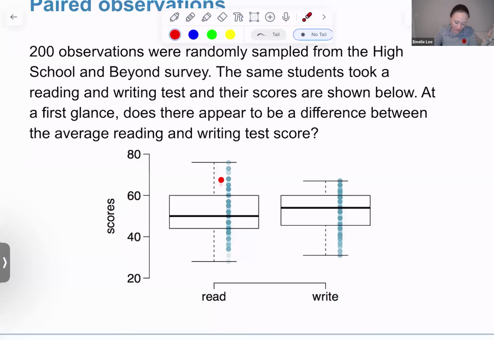If I compare this distribution to this distribution, the writing scores seem to have less variability, right? So I'm expecting it to have a smaller standard deviation. But in general, they seem very similar, right? I can see that the median score for the writing is slightly higher than the reading score, right? But I also get slightly higher scores in the reading than I do for any of the writing scores, right? So that's what we're going to try to figure out: how do these two compare?